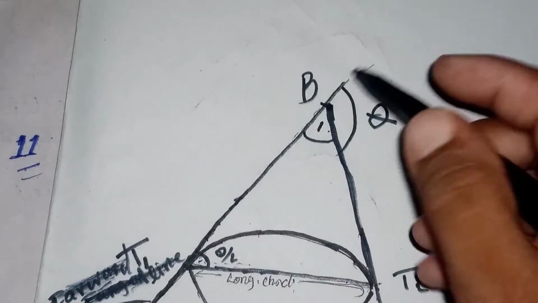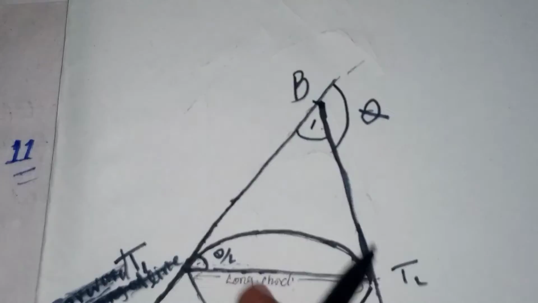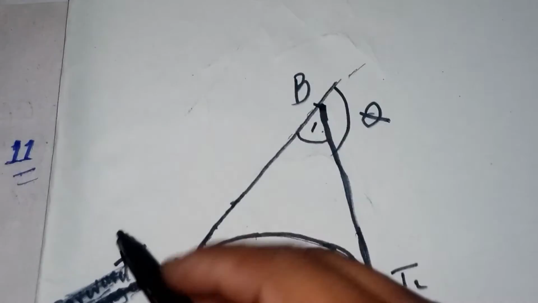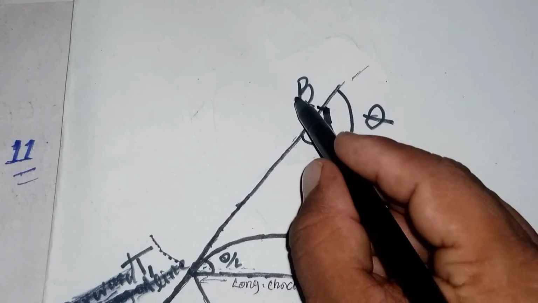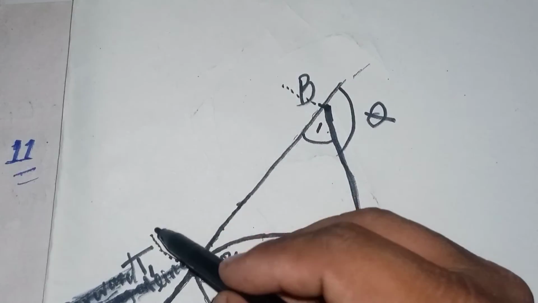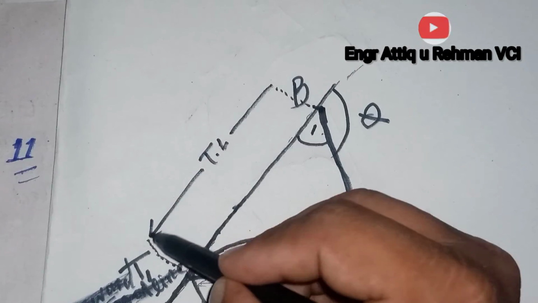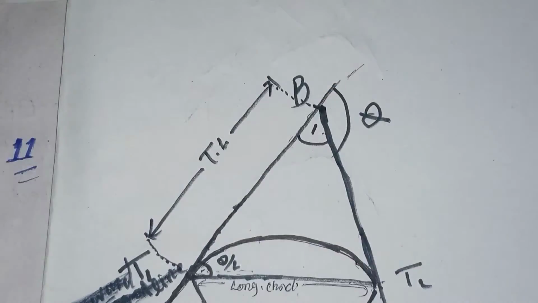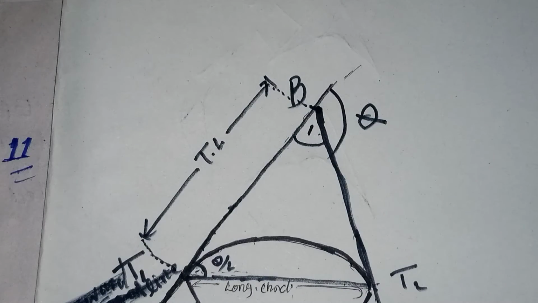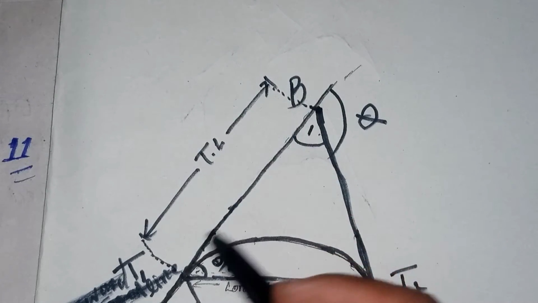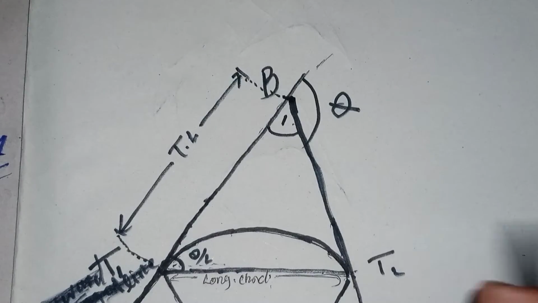Suppose this is a tangent point and this is the intersection point, so this length will be called the tangent length. The distance from the tangent point to the intersection point is the tangent length of one tangent line, and the other will be the tangent length of the other line.